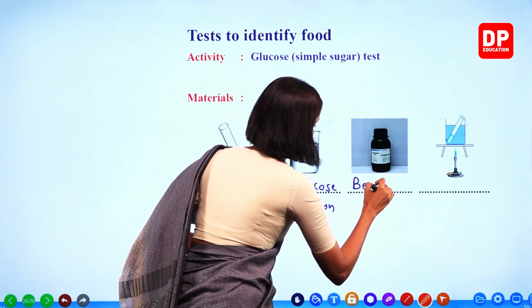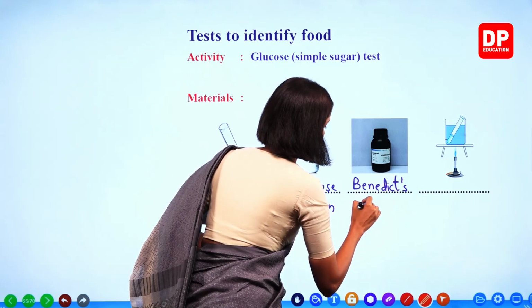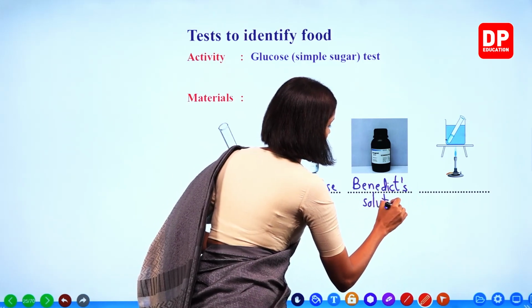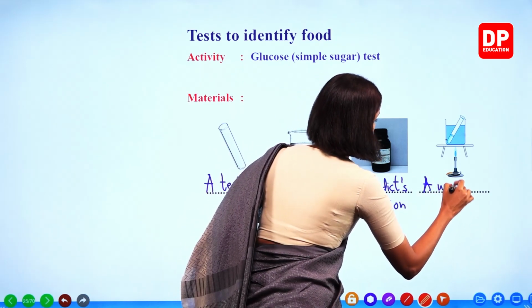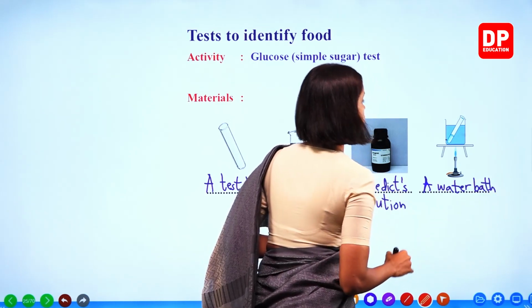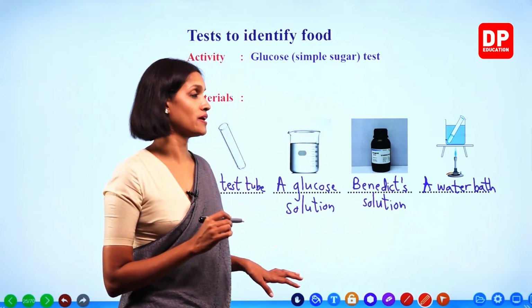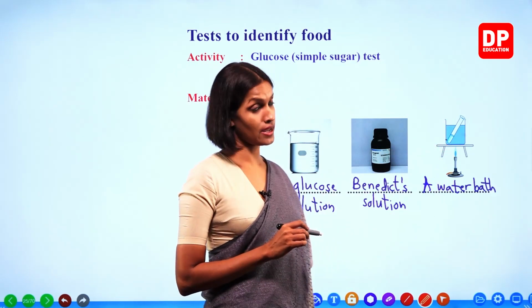Benedict solution. And a water bath. So in the lab, we prepare the water bath, which means to a beaker, we get some water and we heat it up, right?